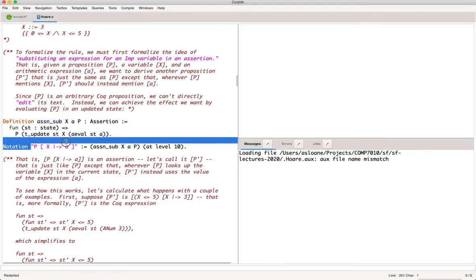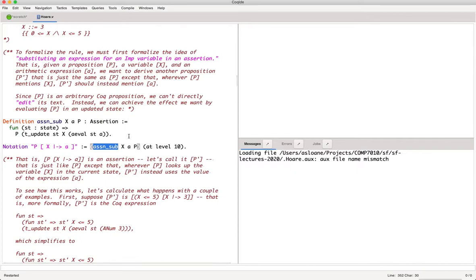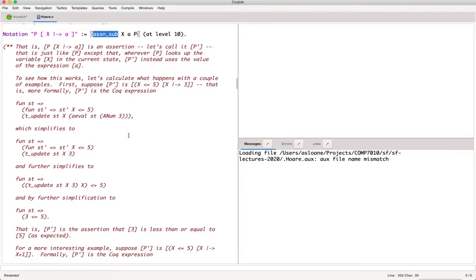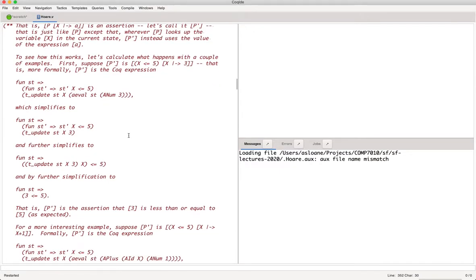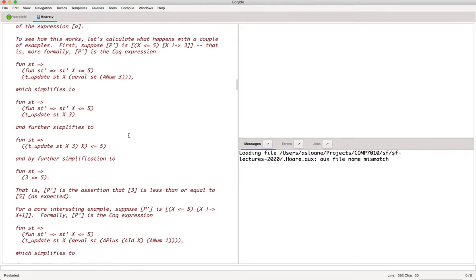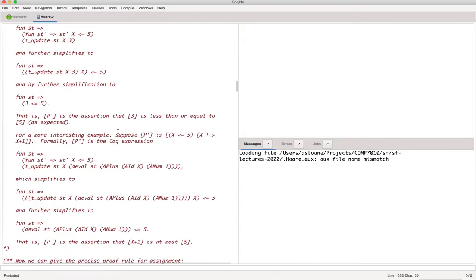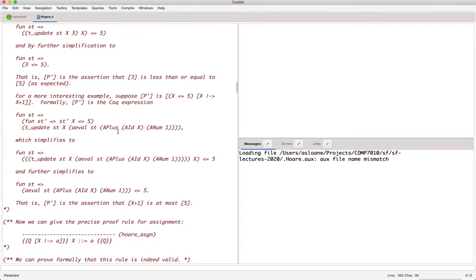And the notation that we've been using in the examples is just a shorthand for a use of assign sub in the obvious way. I'll let you have a look at the example here, which explains a bit more about that. But the essence is that you just use an updated state to evaluate the assertion when you're doing the substitution.